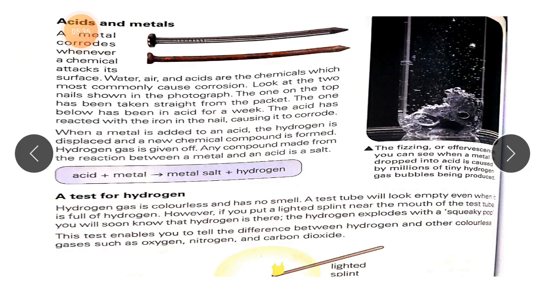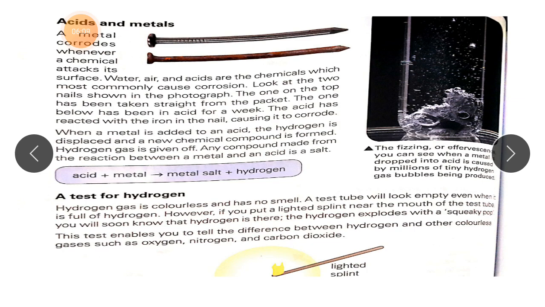Students, as I told you, sodium is a metal, and in the previous chapter I told you how metals react. Metals can react with water, with acid, and with oxygen. And I told you that when metals are put into water, some react and some do not.